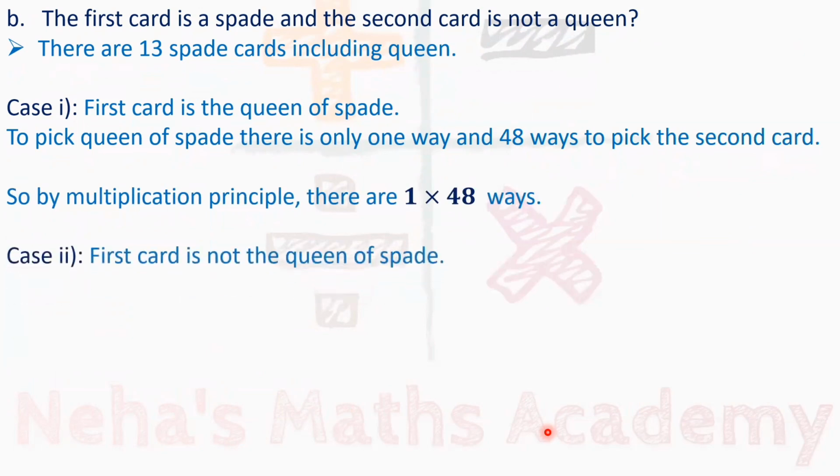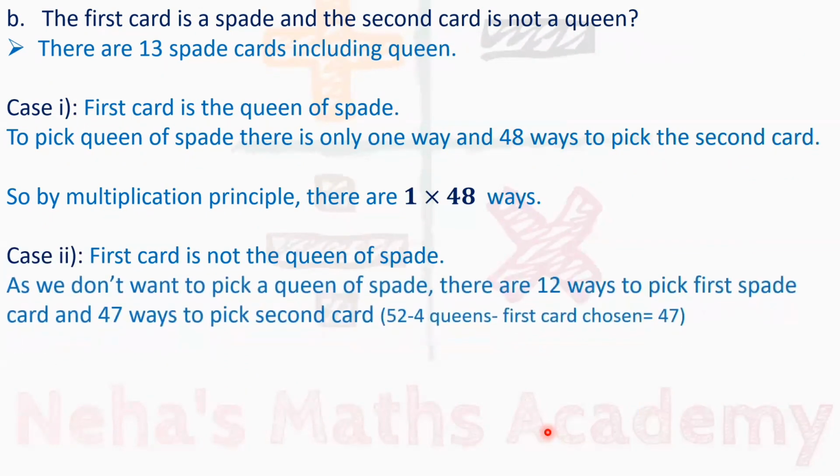Now case 2. The first card is not the queen of spade. As we don't want to pick the queen of spade, there are 12 ways to pick the first spade card and 47 ways to pick the second card. Why 47? Total 52 cards are there, minus 4 queens, so it is 48, minus the first spade card that we have chosen.